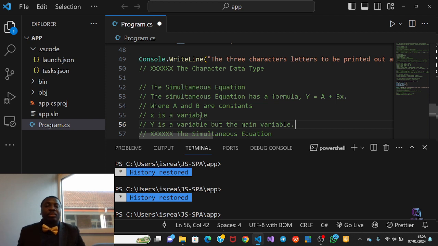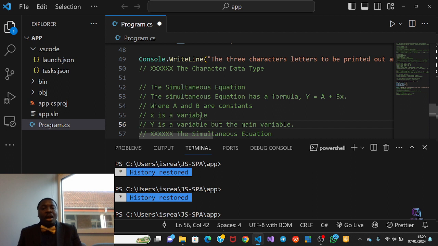When I say main variable, that means it's a variable that takes in the y, and with that y I can get the value if I add the value of a, b and x. I can get it all sorted out.